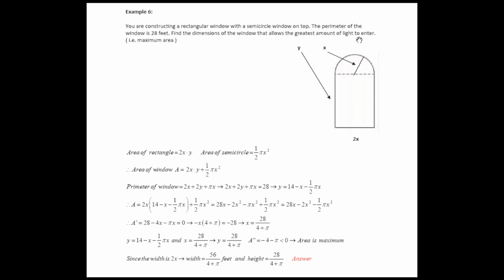The perimeter of this window is 28 feet. That means the distance from here to here to here and around here is 28 feet. We want to find the dimensions of the window that allow the greatest amount of light to enter. Now, that's kind of a coded message to tell you they want the maximum area. The greater the area of the window, the more light that's coming through. I think that's hopefully clear.